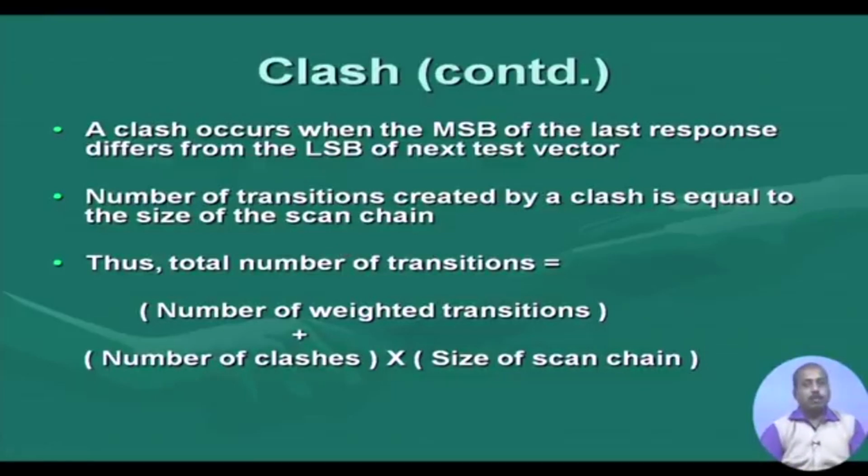The total number of transitions is equal to the number of weighted transitions plus the number of clashes times the size of the scan chain, because each clash contributes a number of transitions equal to the size of the scan chain. If we sum them up, we get the total number of transitions for a set of test vectors and their corresponding responses, without considering the circuit itself.